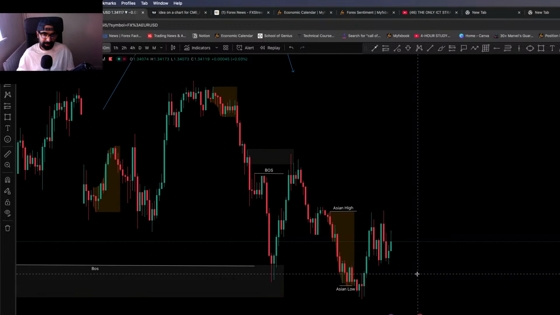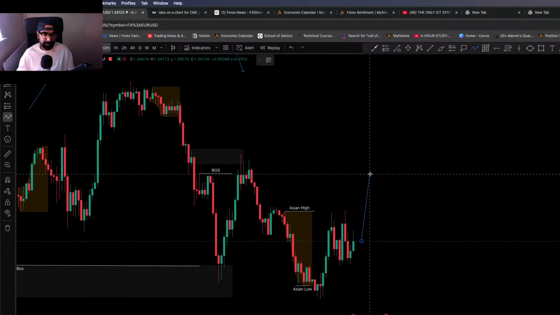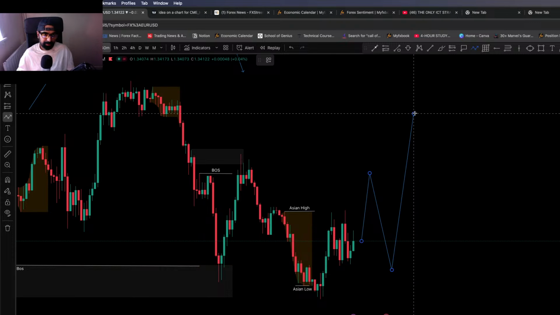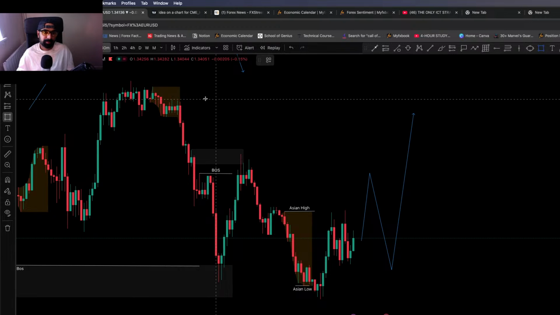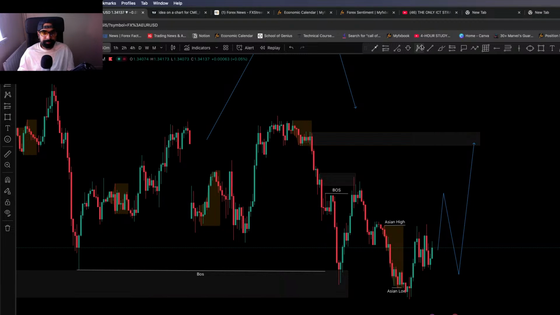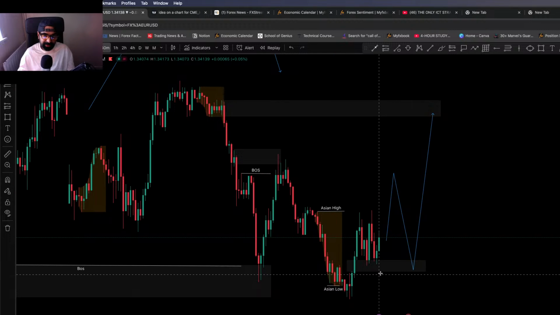Oh, this looks like a nice pattern. So it can go here, I reckon. Could possibly, you know, and then come from the... Yeah, I don't know if it's mitigated, but well, it's been taken.